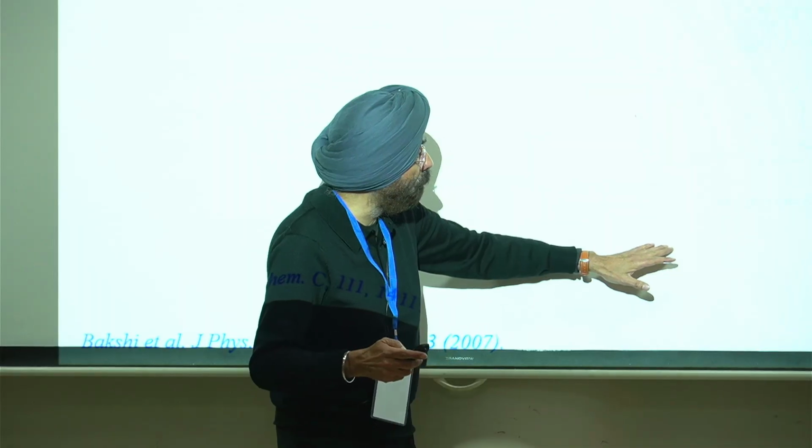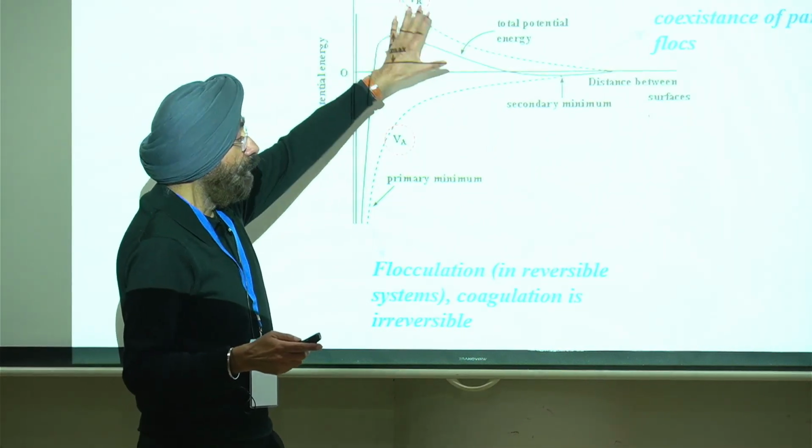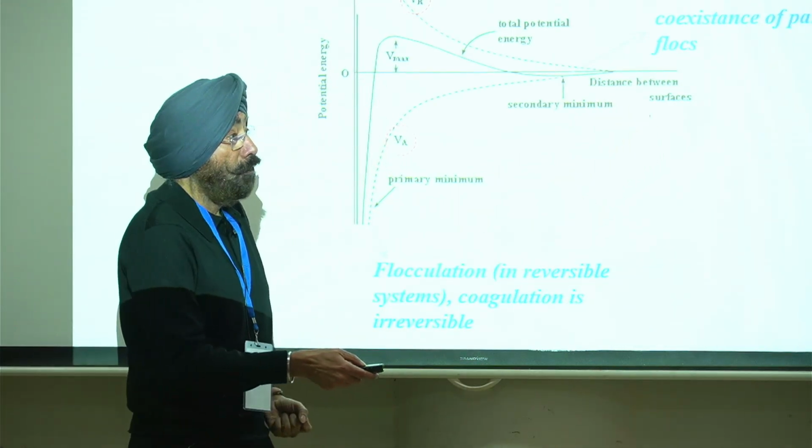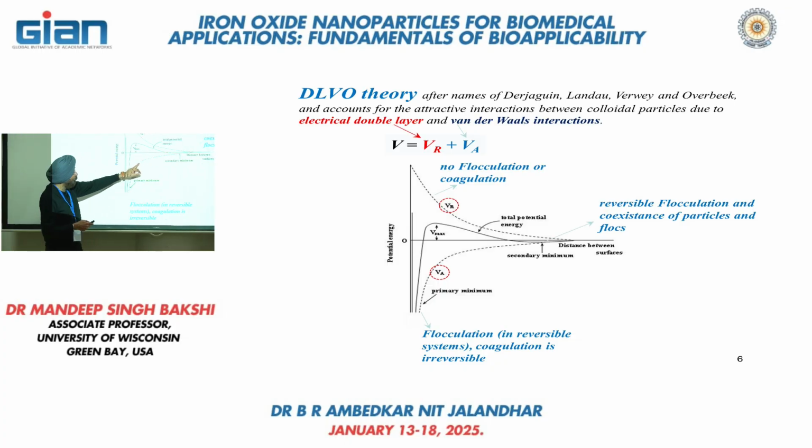The stable solution you can have only if there is repulsive interaction, not the attractive. This is the attractive interaction, and the attractive interactions are because of the van der Waals interaction. Now, there is another confusing thing here.